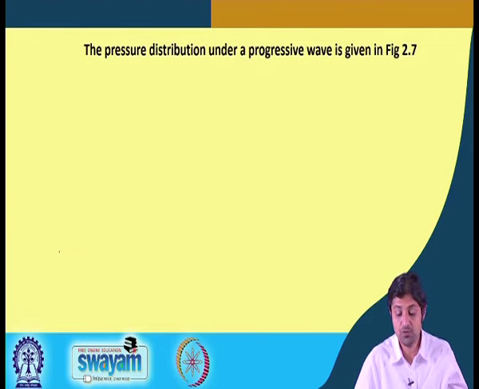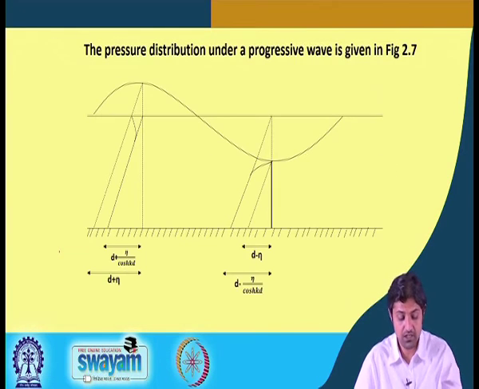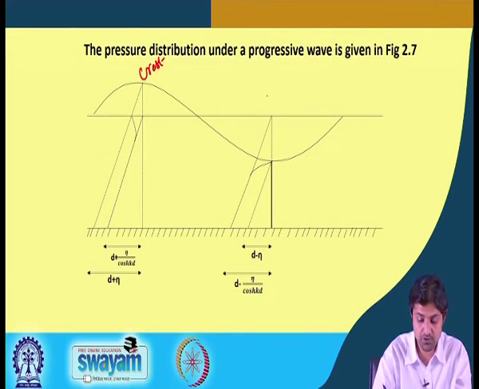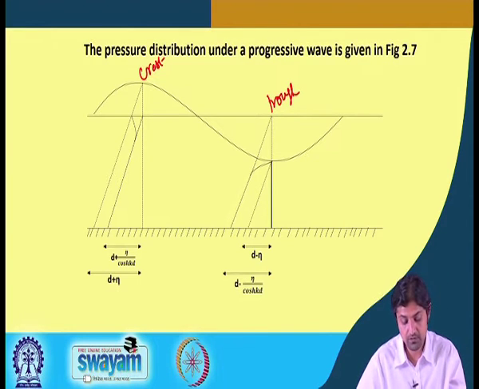So, the pressure distribution under progressive wave is given by this. This is the wave crest. So, pressure distribution under wave crest and pressure distribution under wave trough.